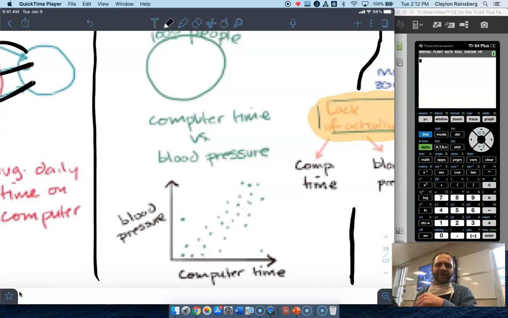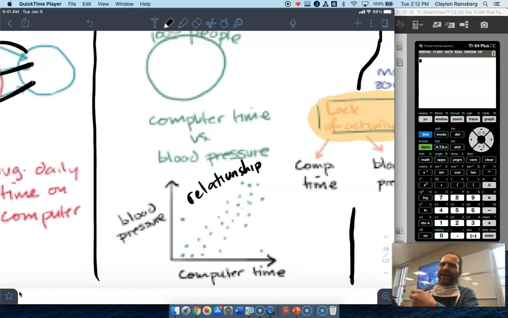So hours on a computer and blood pressure. And we look at this, and what we were able to do here is describe and notice, hey, there's a relationship between these. The more time somebody spends on the computer, the higher the blood pressure they have. And so that's what chapter 3 looked at. It looked at the relationship, the correlation between 2 variables.